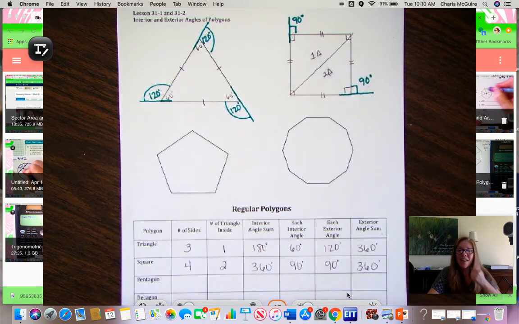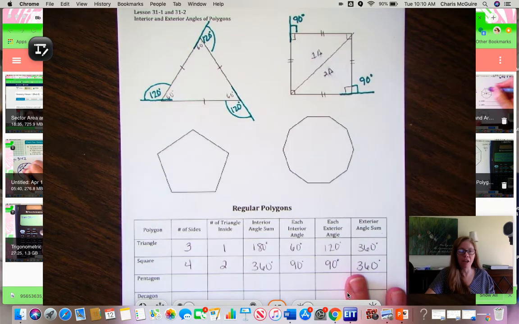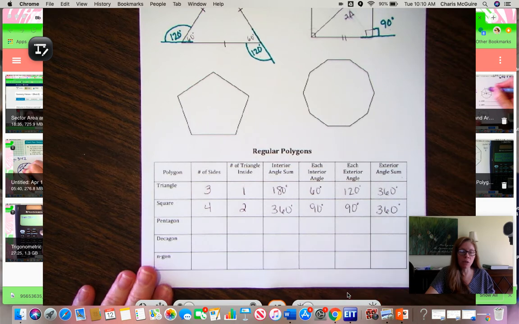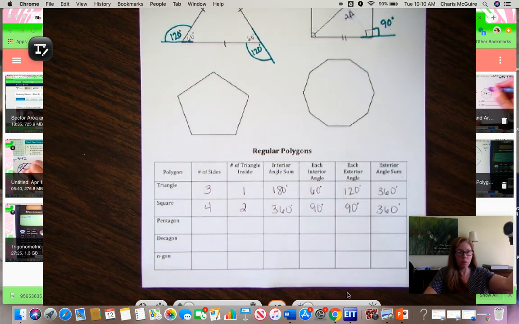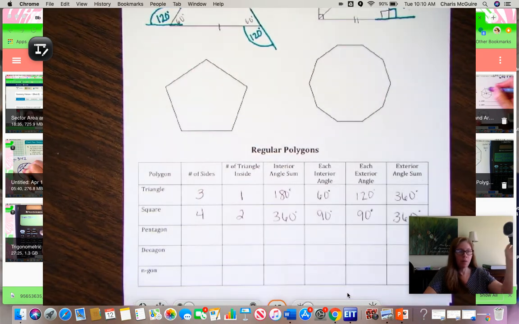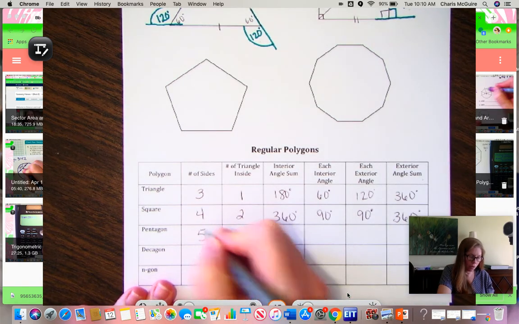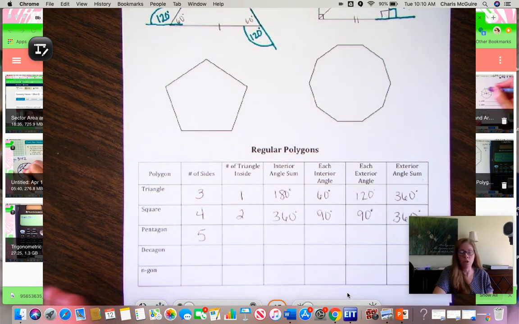All right, on to our pentagon, something a little bit unknown here, our 5-sided friend. And so we're going to look at the same thing. Pentagons have 5 sides. And how many triangles are inside of them? What you're going to do is pick one vertex and create diagonals.